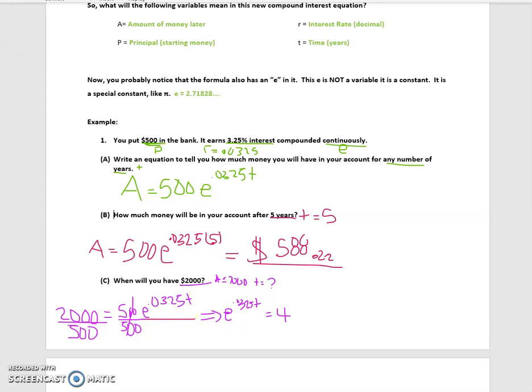So now we can convert it to our logarithmic form. So this is going to be log base e, remember our base stays the same, of 4 equals our 0.0325t.